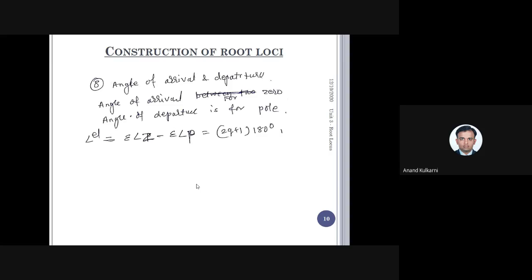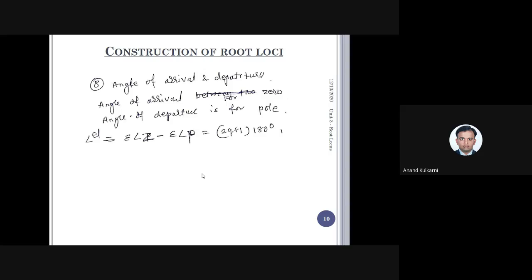That means the root locus departs from the pole because it leaves the pole, goes away from the pole, and it arrives at a zero. So the angle of departure is associated with the pole and the angle of arrival is always associated with a zero. Do you agree? Because it arrives at a zero, the angle of arrival is associated with the zero and the angle of departure is associated with the pole.